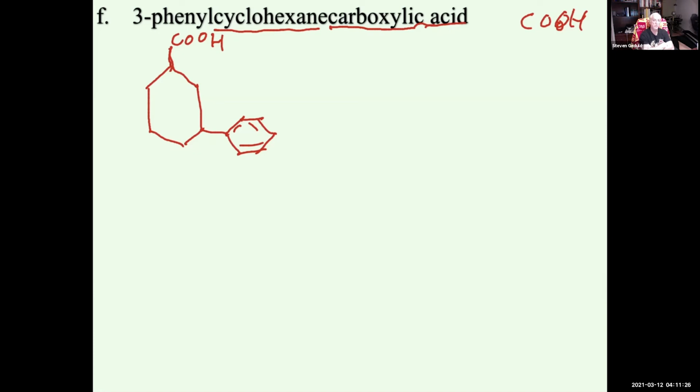Someone say no and tell me why. Because that only applies to benzoic acids. For the benzene ring, you're exactly right. That only applies when it's on a benzene ring. The benzene ring is a substituent, it's not the main grouping. This here is not benzene. This is cyclohexane.